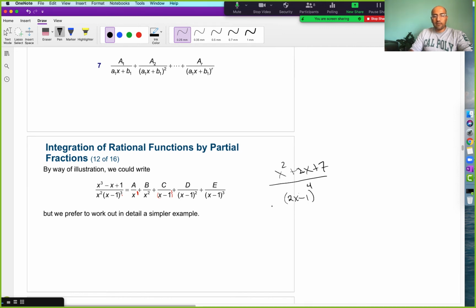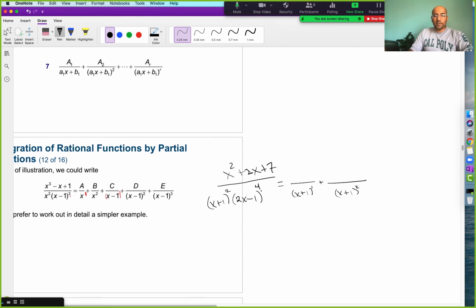And let's say we had x plus 1 to the power of 2. Okay, so this is suggesting that we should have one term that has x plus 1 to the power of 1 plus another fraction that has x plus 1 to the power of 2. And I stopped there because there's only 2 terms.